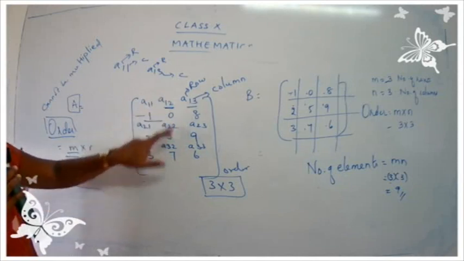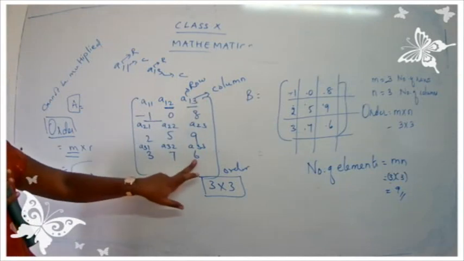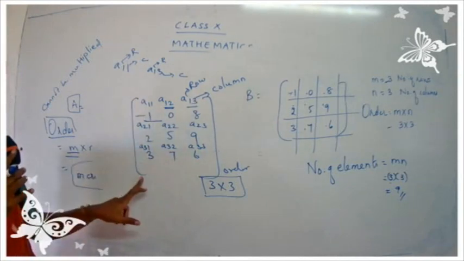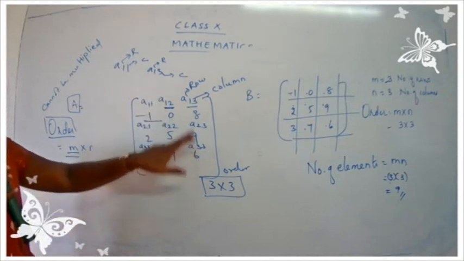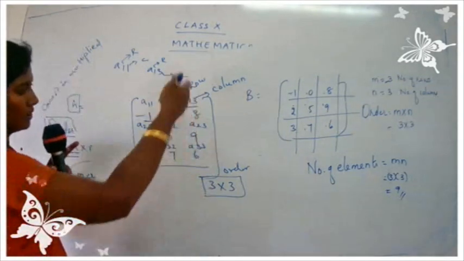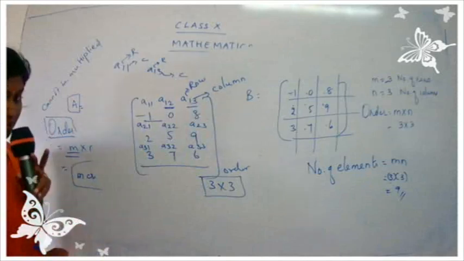Second row, second column. Second row, third column. 3, 1, third row, first column. Third row, second column. Third row, third column. So this is the general form of the matrix.